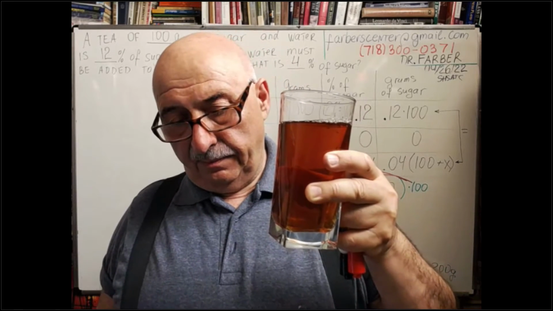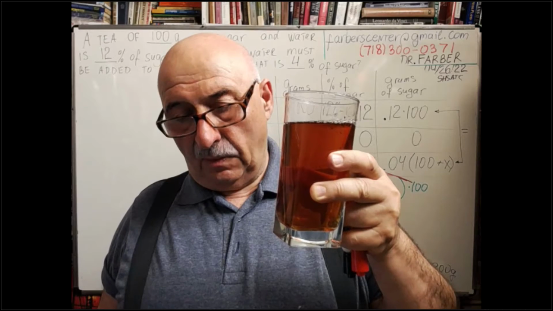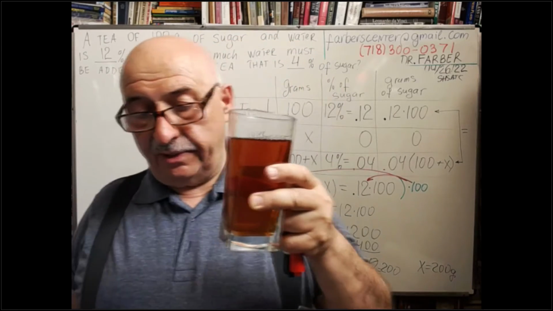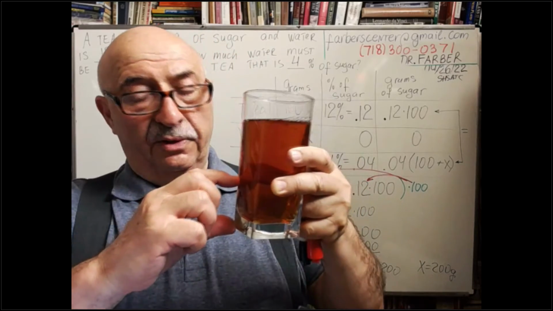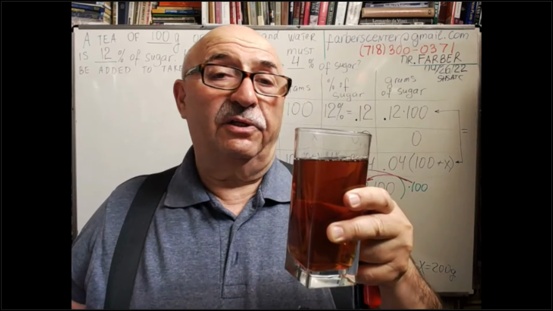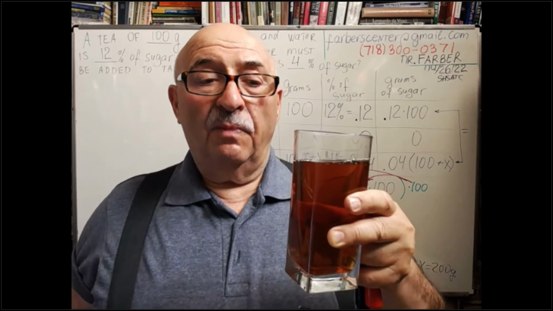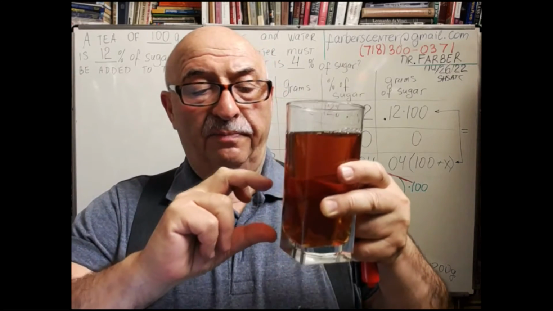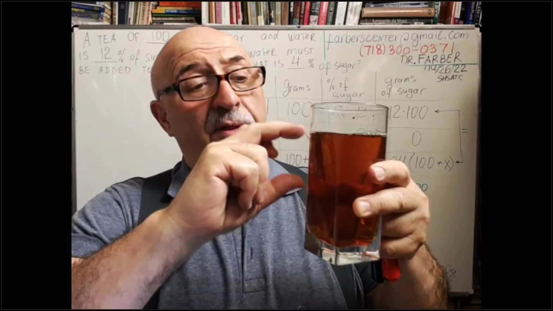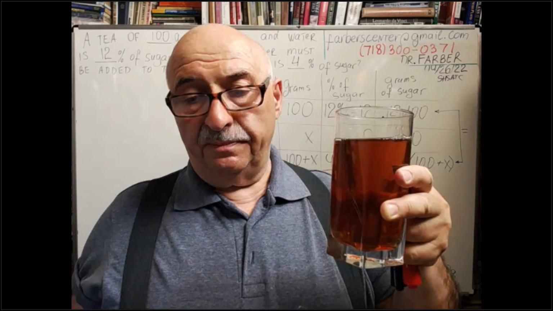200? No, it's not 200. I added 100 plus x, right? It was 100. You figure out 200 when you finish this problem. But before, for me, it was x. I did not know the answer. If you put it in one container, it was 100, and you added x, you have 100 plus x.